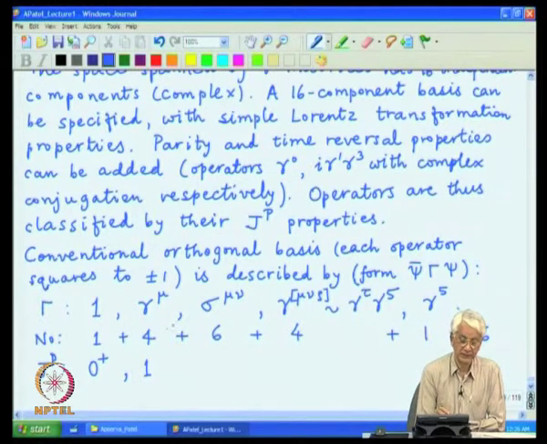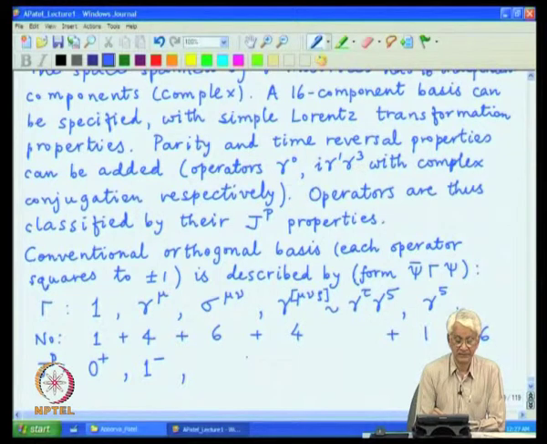The space components anticommute with gamma 0, and so this object transforms as 1 minus, which is the property of a genuine vector under transformation of rotation and parity.